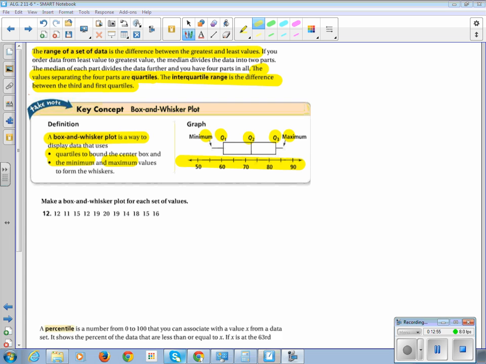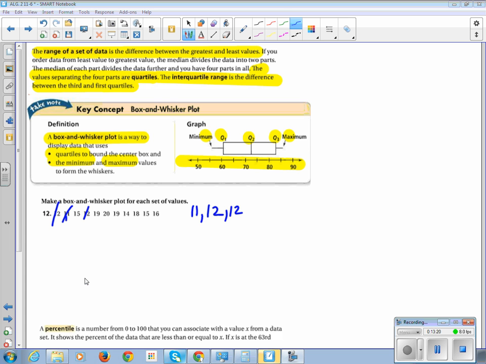So we're going to make a box and whisker plot together so that you guys can see how this shape stands. So step number 1 for a box and whisker plot is to order your data values. So my smallest is 11. Once I order it, I'm going to cross it off my list. Then I have 12. The next one I have is another 12.